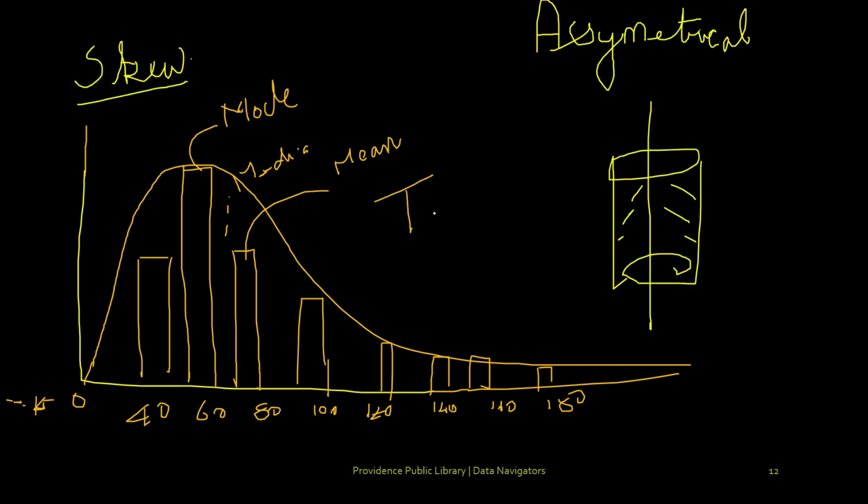The statisticians call this a tail. Whenever you have a tail over the positive side, they call that positively skewed. If you see a visualization shape like this, then you say, oh, it is positively skewed because the tail is towards the positive side of the data points.